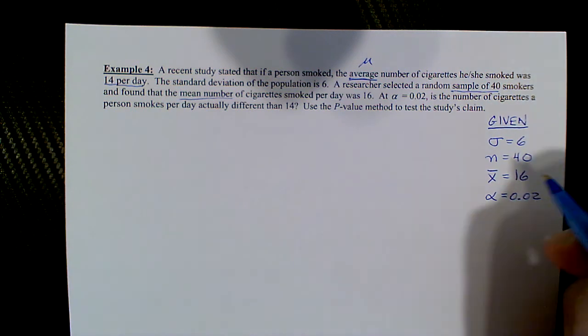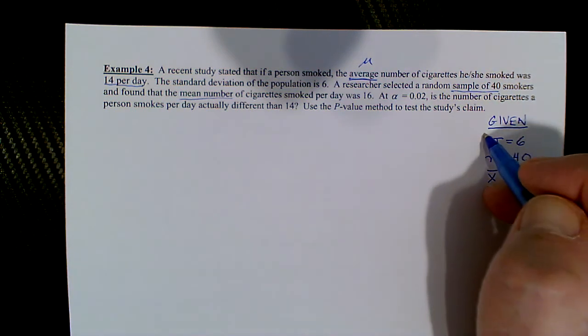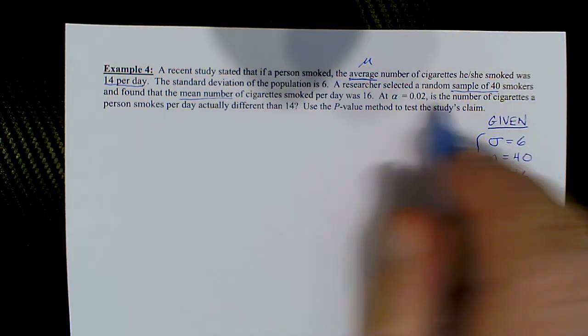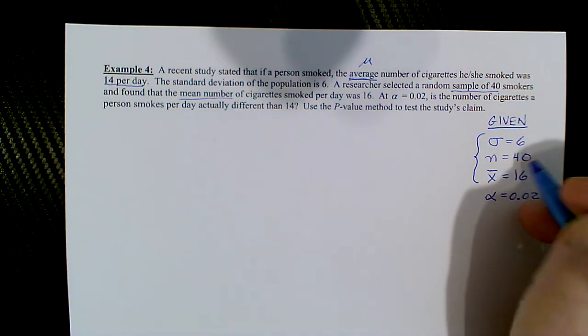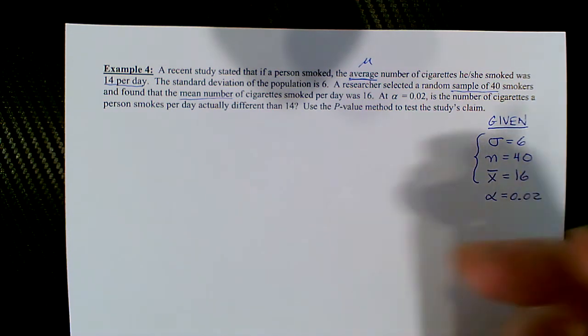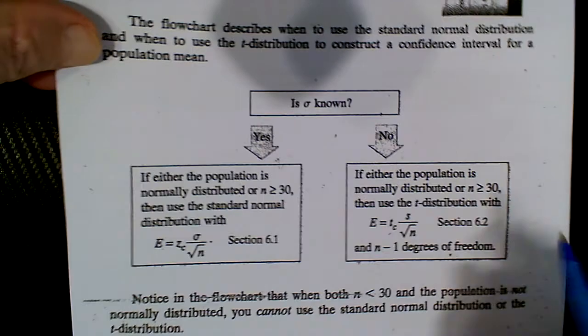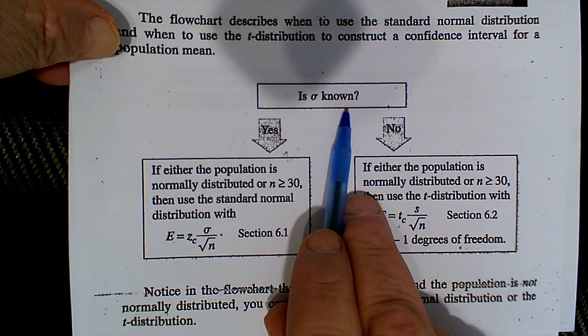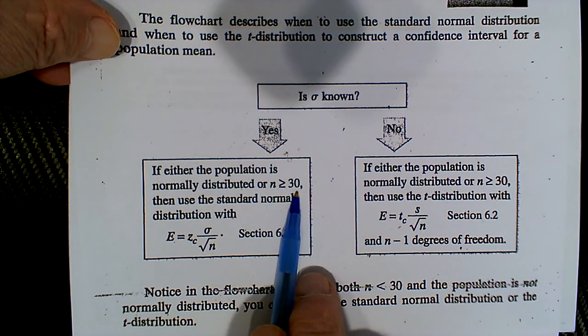And so we should always check to make sure what distribution we're using. We know sigma. Didn't say anything about normally distributed, but n is greater than or equal to 30. So again, use the little flow chart if you need to. It's all based on, do you know sigma? And we do. And just check that one of these characteristics is true.